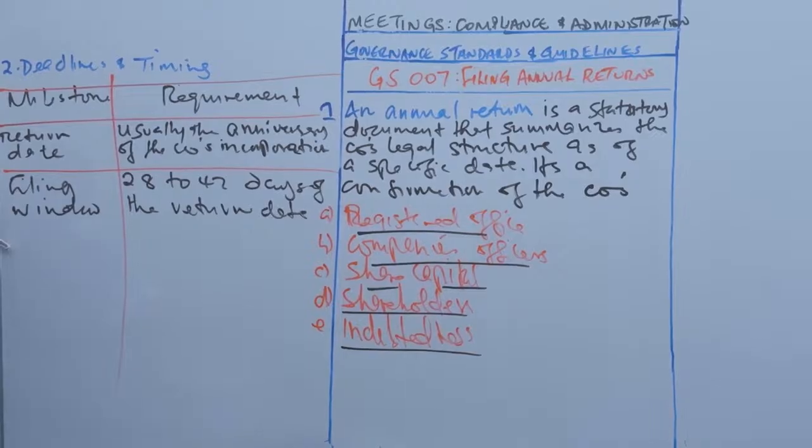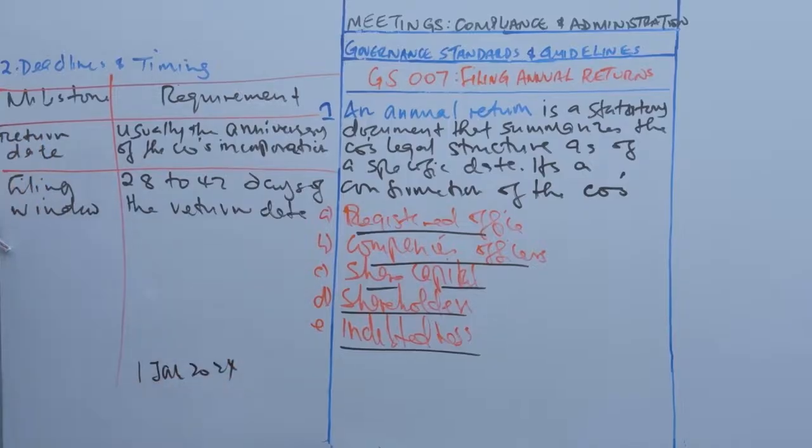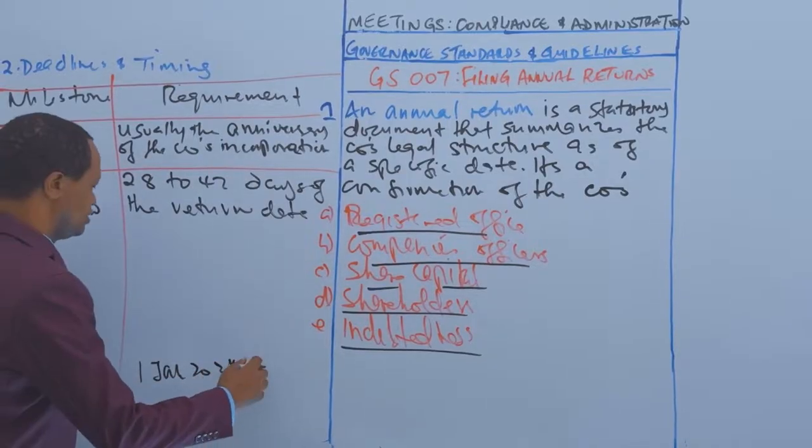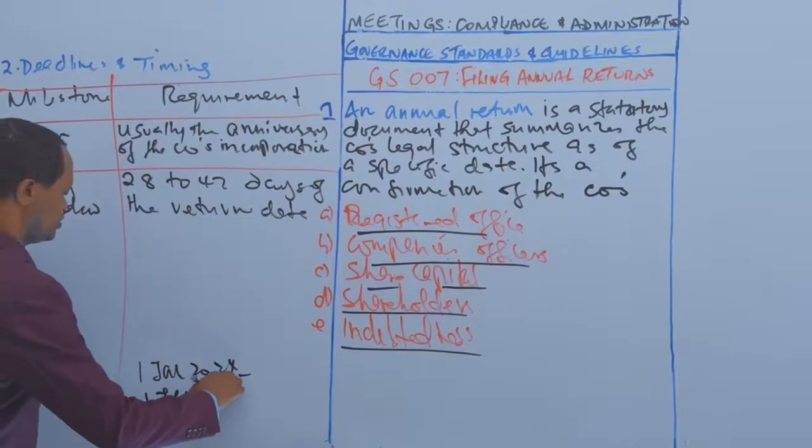So if a company was incorporated on 1st January 2024, the first anniversary would be 1st January 2025.